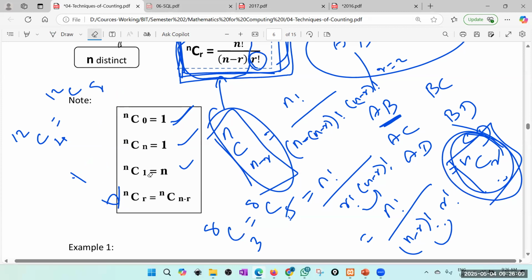And if you select only one, say out of 10, you can select the first one, the second one, the third one, and so you have a number of ways. You can just use common sense also. Now you can see that nC0 is 1, because if you take zero elements, of course you don't select anyone.